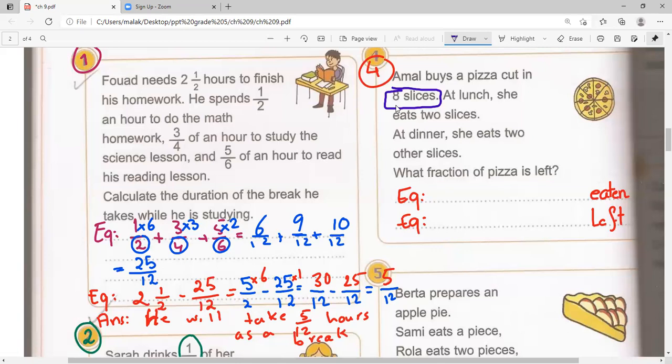Can I do it? Yalla, when your friends finish. Two minutes and we'll start correcting problem 4.